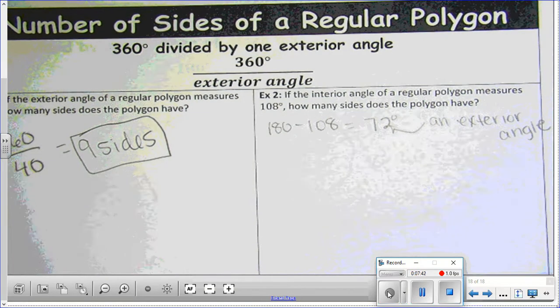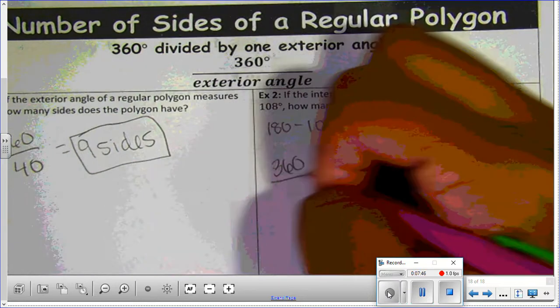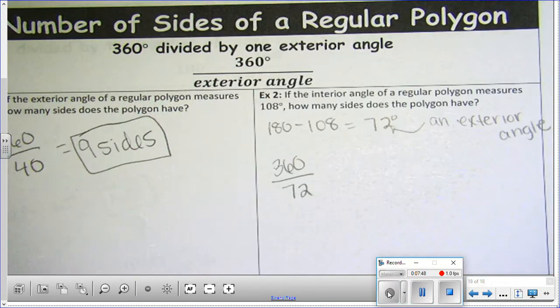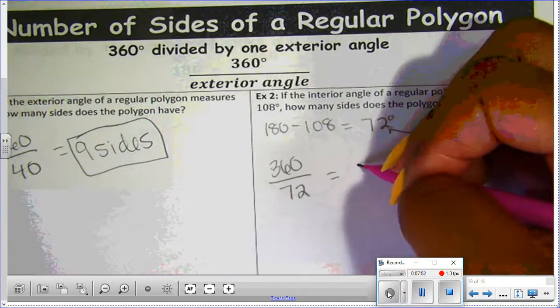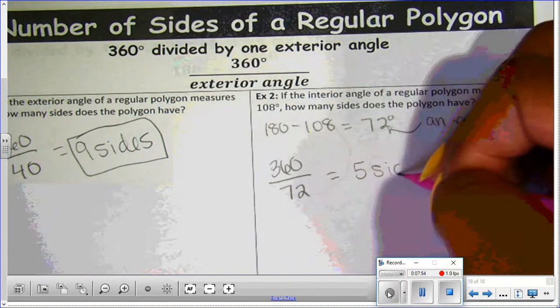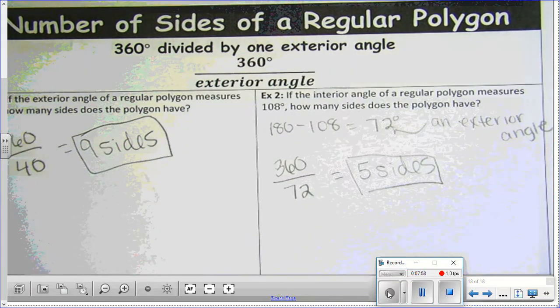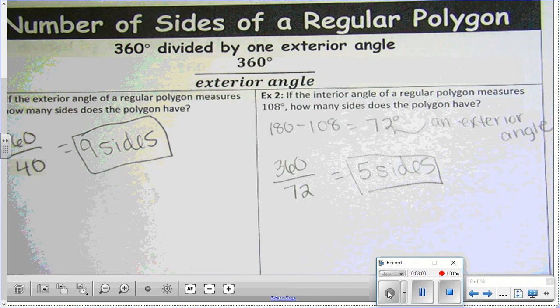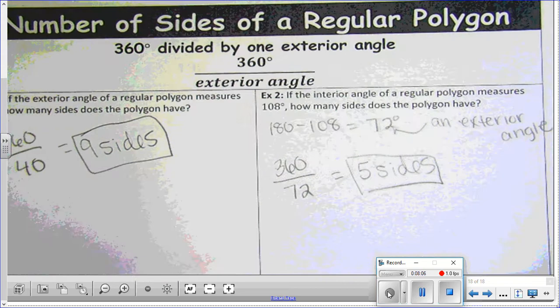And then we're just going to do 360 divided by the exterior angle, and we wind up with 5 sides. Okay? And so now we know we have a pentagon. So those are 2 different ways they'll ask that question.